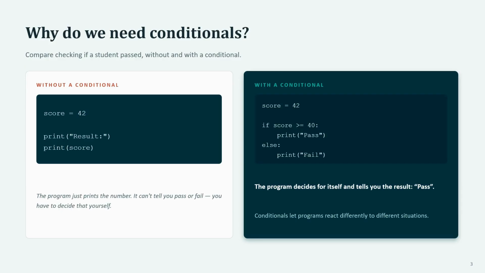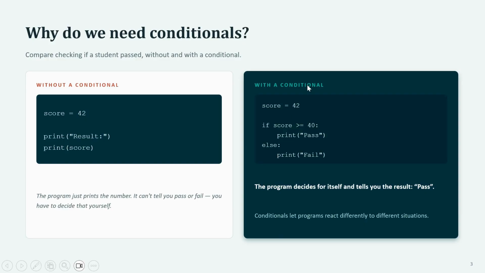But in case you are not aware of that information, if we go with the conditional, then with the score being 42, if the score is greater than or equal to 40, then it should print pass, that the student has passed the exam.